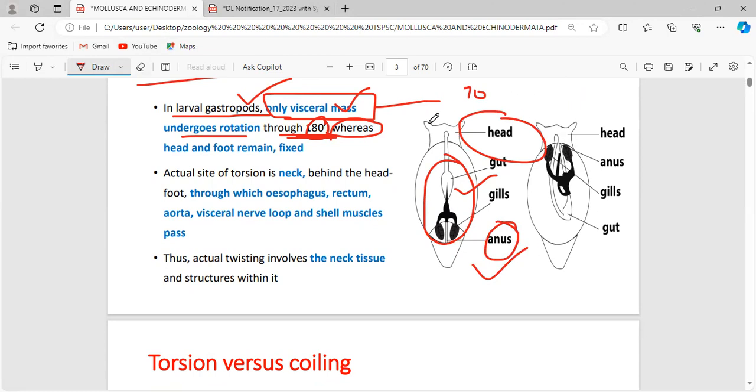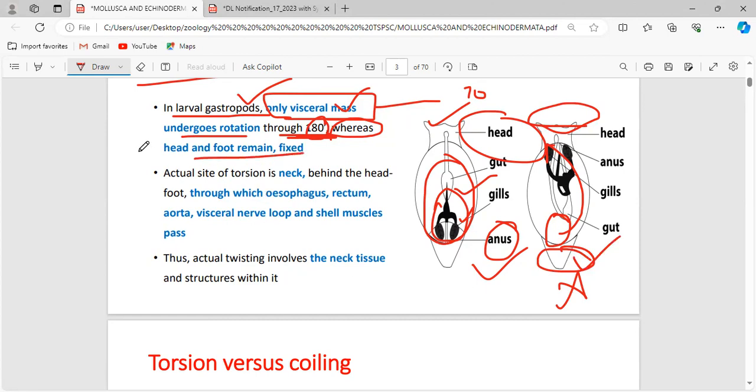You can see here, in the larval stage all these important structures are present in the posterior region. During the adult stage, all the visceral organs present in the posterior region change their position towards the anterior region. But what is unique here? The head and the foot region remain fixed in nature. And the actual site of torsion is the neck region.